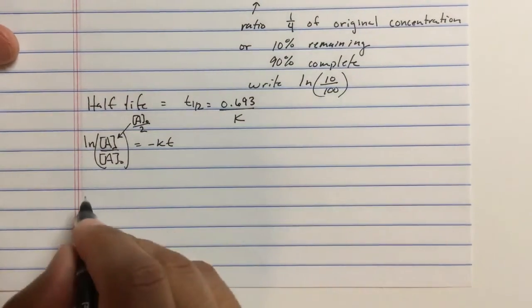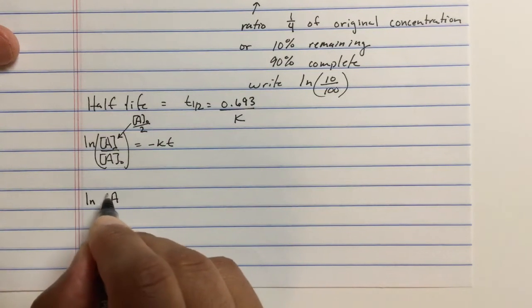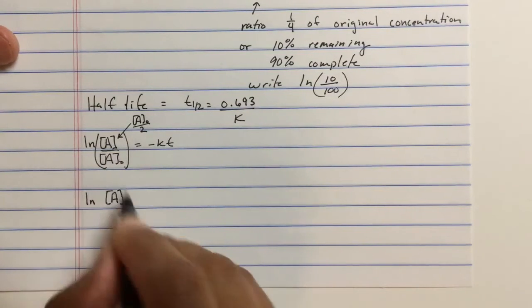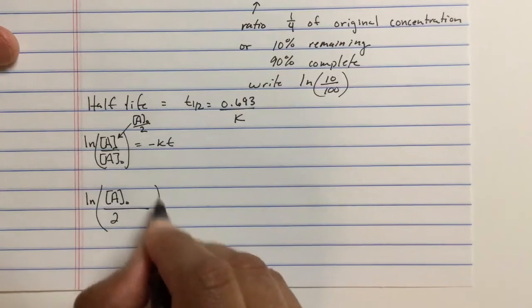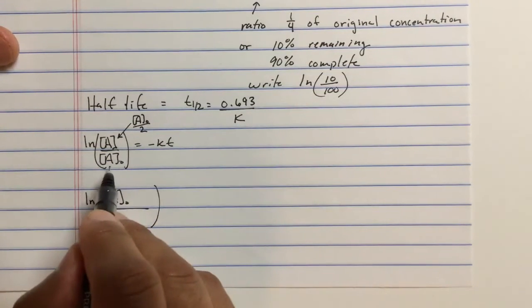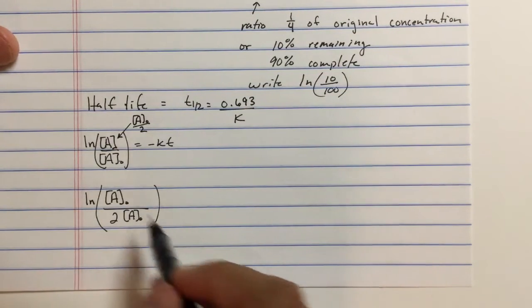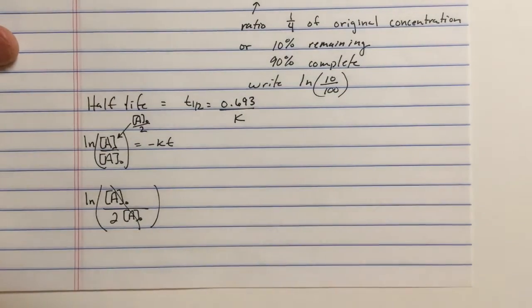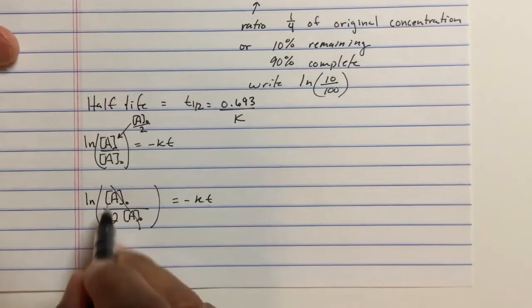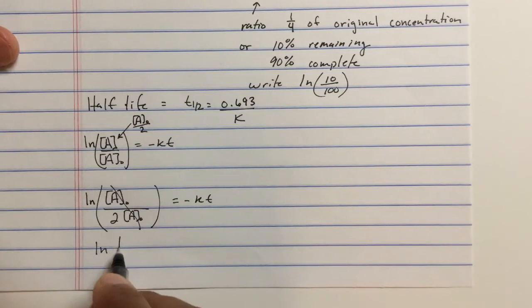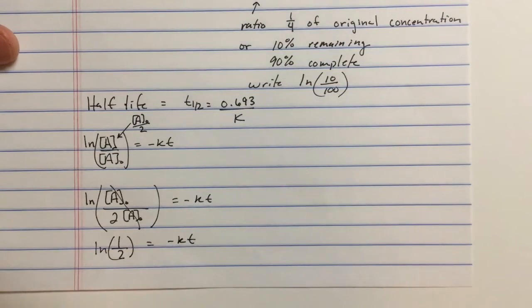And so this actually winds up being pretty simple. If we rewrite this, substitute the concentration with A naught over 2 and divide by A naught, well, the A naughts obviously cancel. And this is equal to negative kt. So this becomes natural log of 1 over 2 is equal to negative kt.